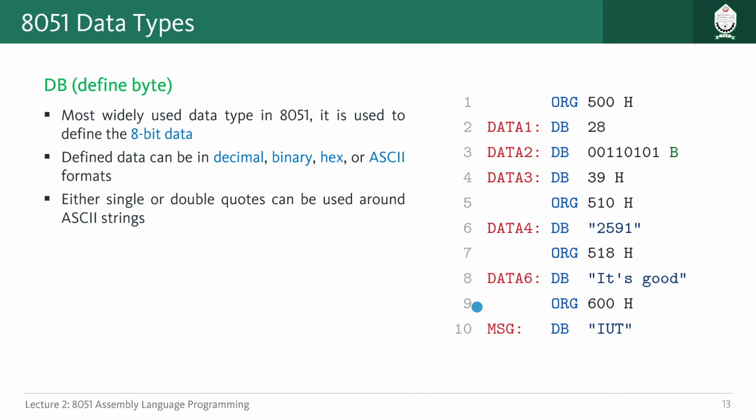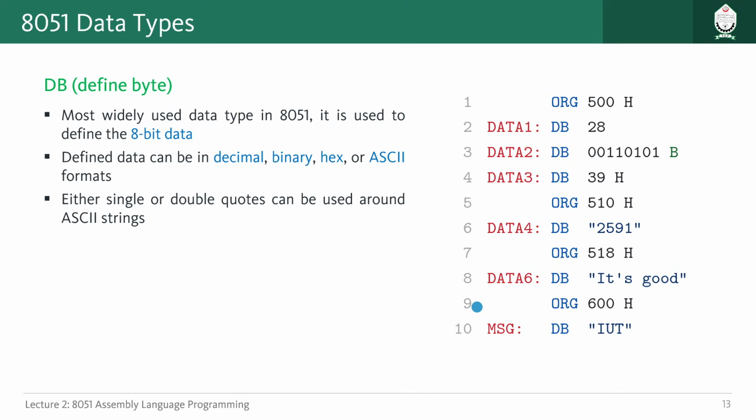As everything is described in terms of 8-bit in 8051, this is the most helpful one, and we can represent binary, hexadecimal, decimal or even ASCII values with this kind of data type, right? So DB. How to do that? This is quite easy to understand, but there are some specific details you have to understand.